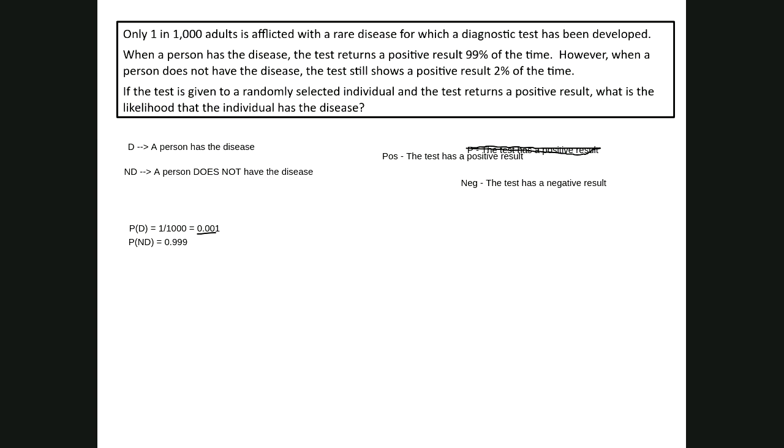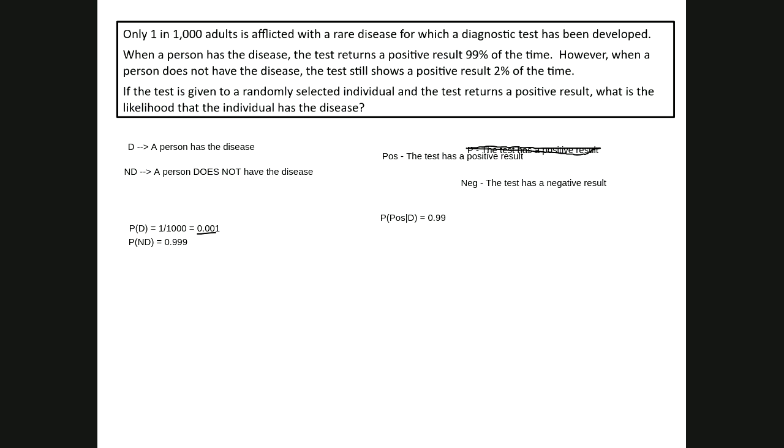Now, this is going to be a little tricky, but we also know a conditional probability. We know the probability that the test will be positive given the person has the disease is, so for those people that have the disease, the chance that the test is positive is 0.99.